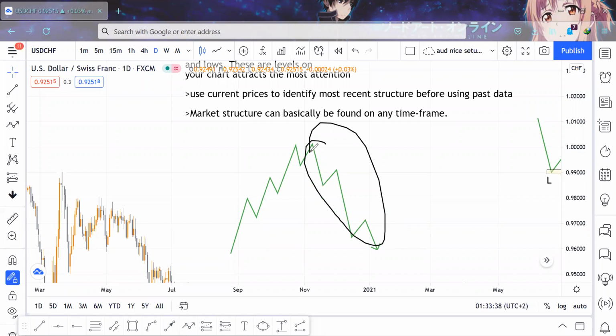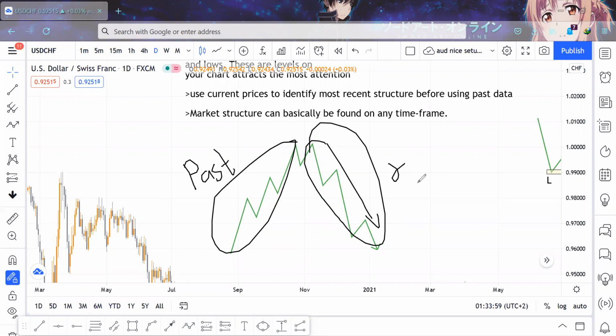This will be your current price because this is the current trend that you will be working on, right? And this here on your left will be your past data, right? This is something that the market has done in the past, and you're going to be using that to give yourself confidence and validate your trading, right?